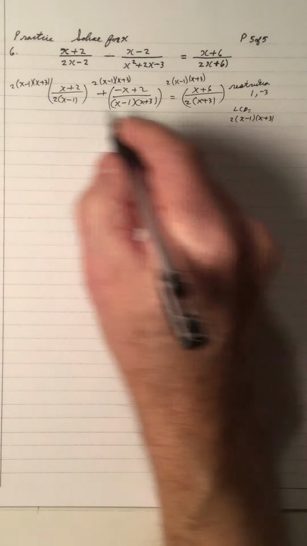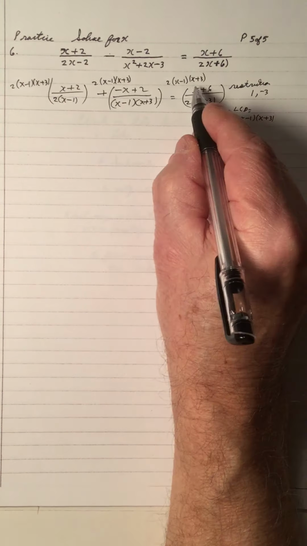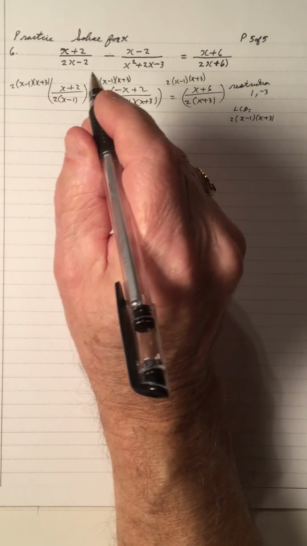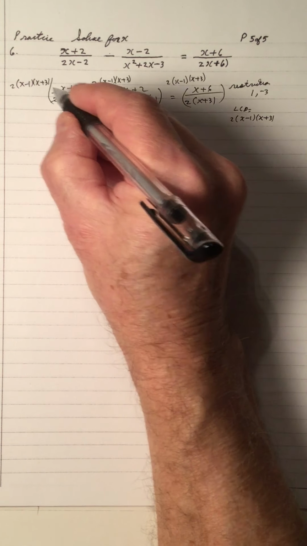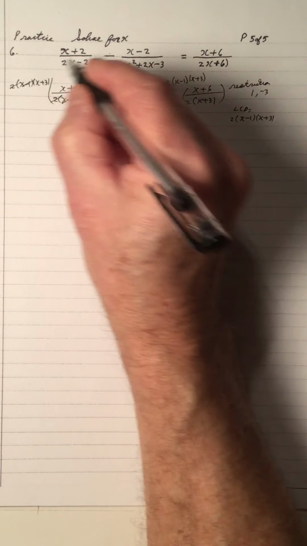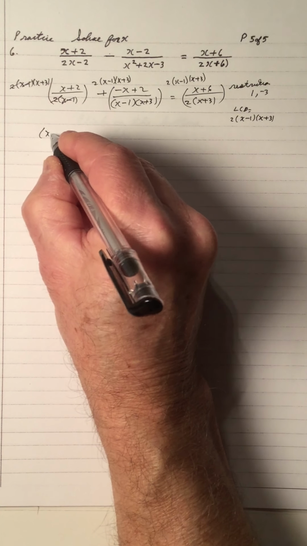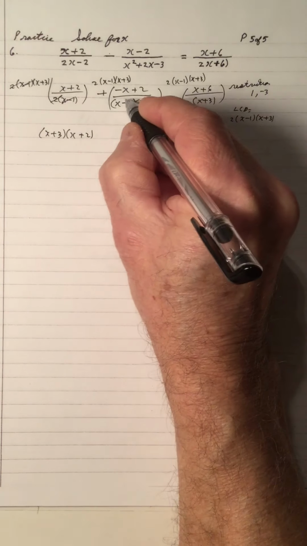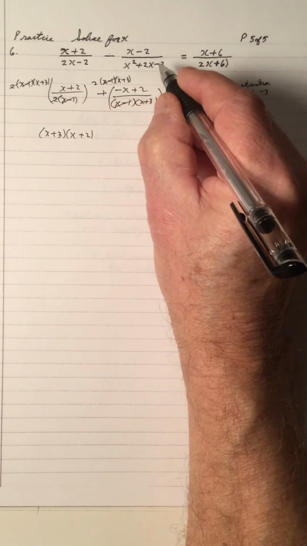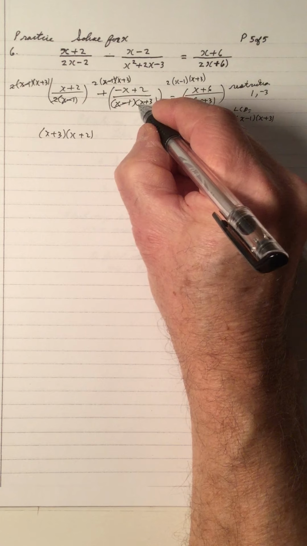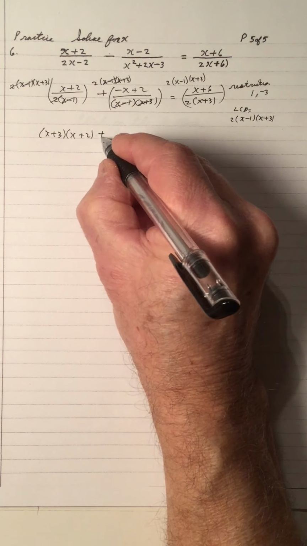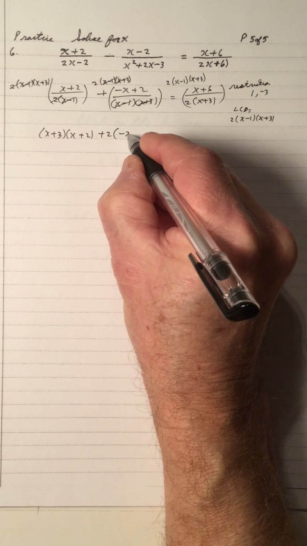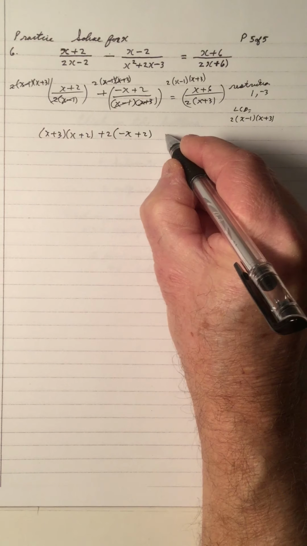So we have the LCD multiplied by every fraction. So that means every denominator should cancel. 2 cancels, x minus 1 cancels. So notice I get an x plus 3 times x plus 2. X minus 1 cancels, x plus 3 cancels, so I get a 2 times negative x plus 2.